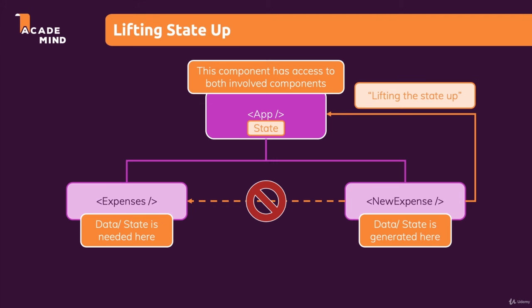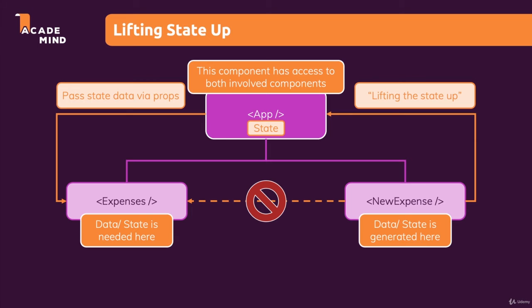Because that's the other part of this lifting the state up concept. We are lifting the state up, we are passing data up to some parent component, because we either need that data directly in the app component, or, as it's the case in our demo application, and as it is quite common, because we then want to pass that data down to another component via props. That's what we did in the last course lecture, and that is an important concept.